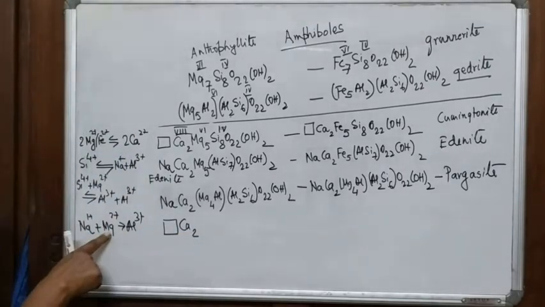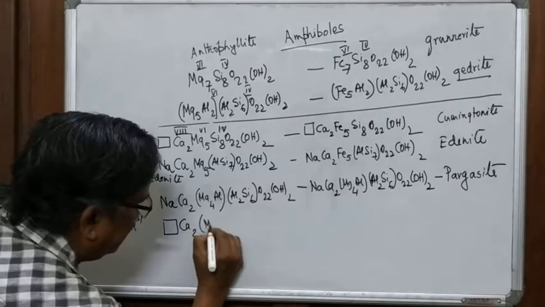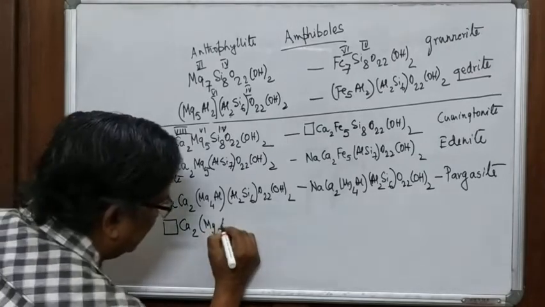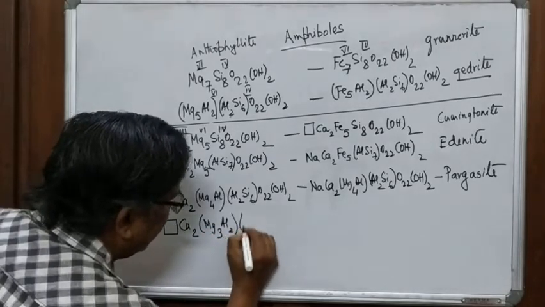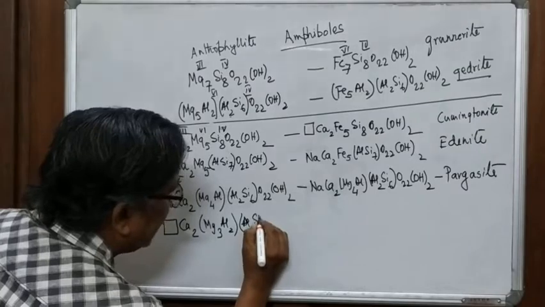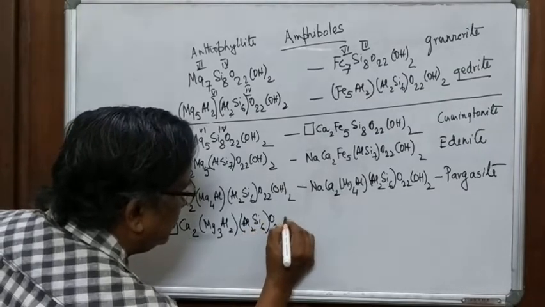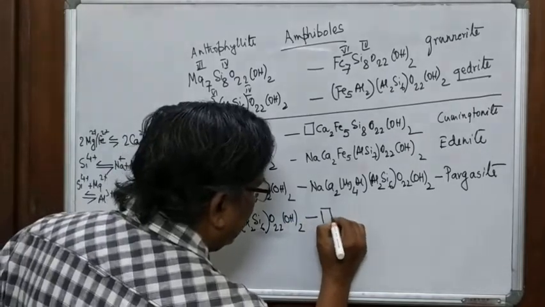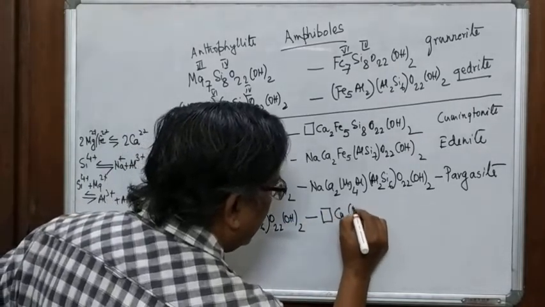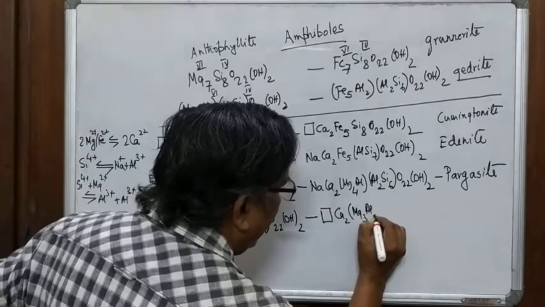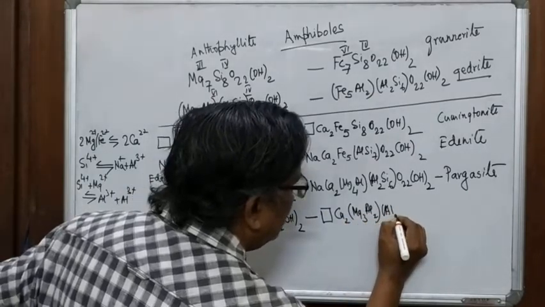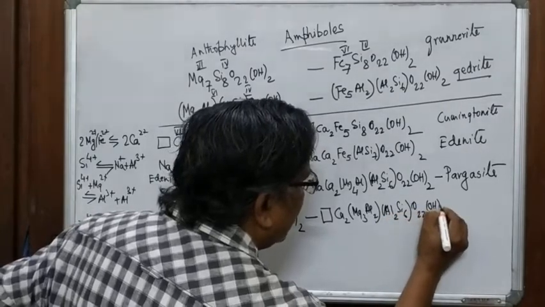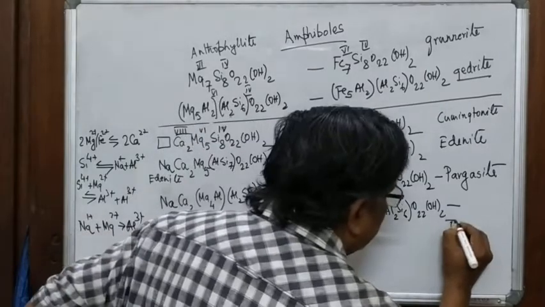You have taken away 1 magnesium, so you have Mg3, but you have added an aluminium in the octahedral position, so you have Al2, and then you have Al2, and you have Si6, O22 and (OH)2. Similarly here, blank, Ca2, Mg3, Al2, Al2, Si6, O22, (OH)2. And this is called tschermakite.